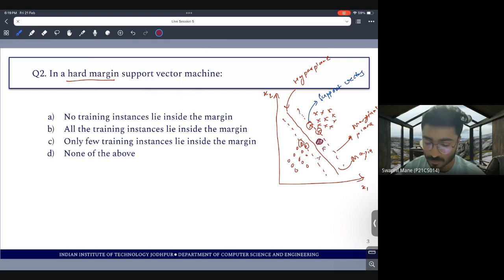So here we are not allowing any points in between the margin and the hyperplane. That means we are strictly separating the two classes, right? This is what we call a hard margin support vector machine. So we are not allowing any instances or training points in between the marginal plane and the hyperplane.